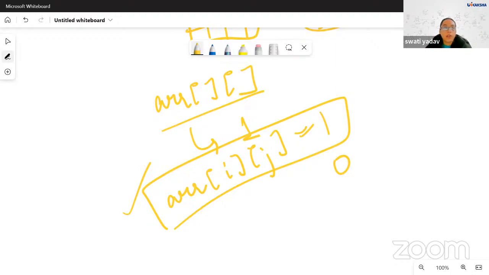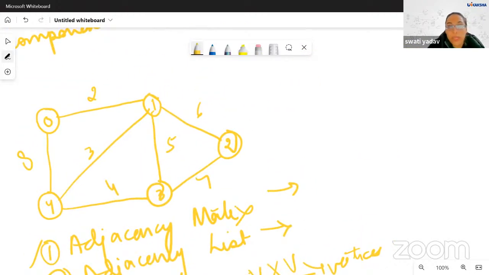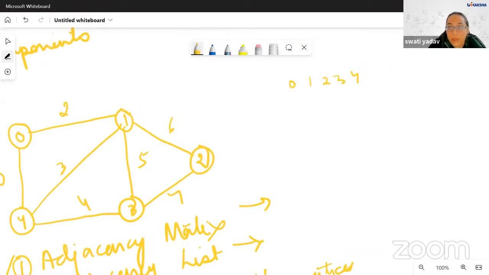Now if I take the same example and I want to make an adjacency matrix out of it, it would be 0, 1, 2, 3, 4, and again 0, 1, 2, 3, 4.